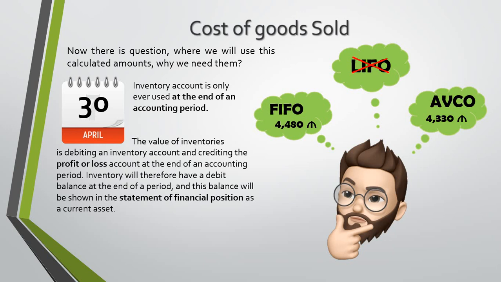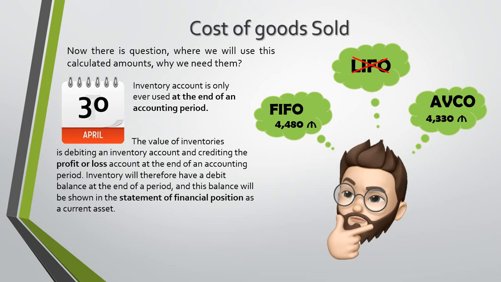Inventory will therefore have a debit balance at the end of the period, and this balance will be shown in the statement of financial position as a current asset. The inventory account is only ever used at the end of the accounting period for recording the value of counted inventory.